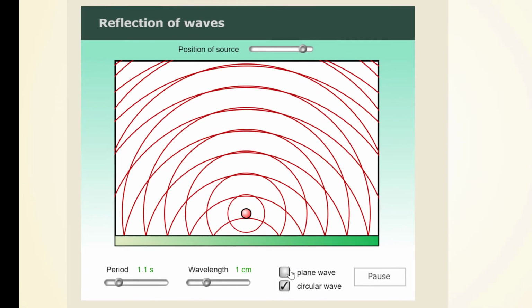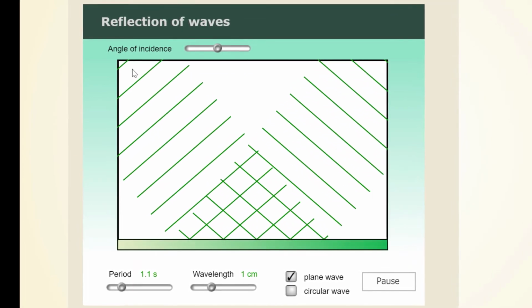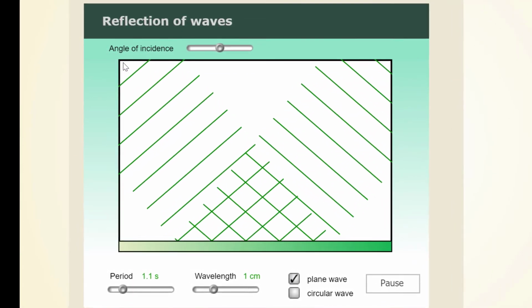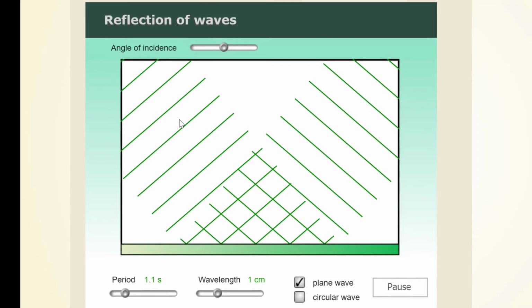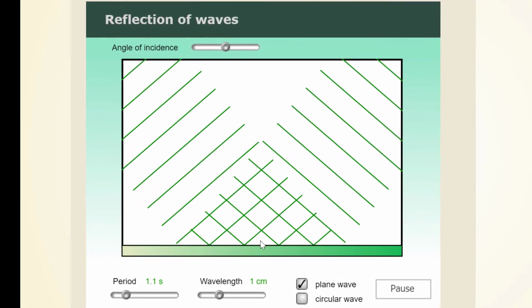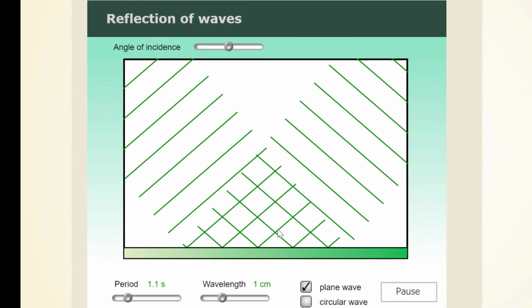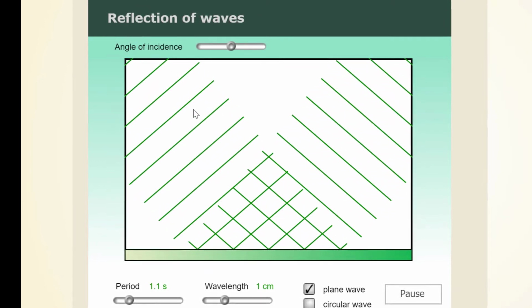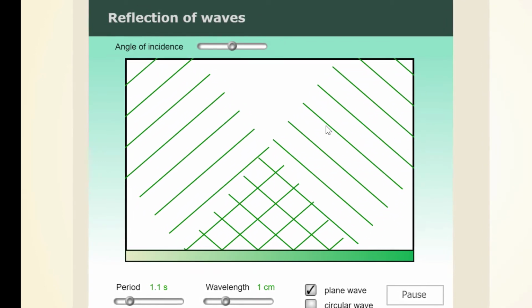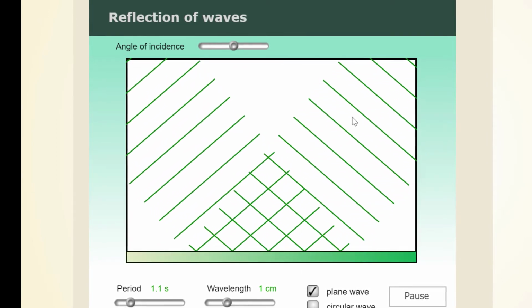What about plane waves? This is the incident wave, and then it will be reflected. You see this phenomenon, and the distances are all the same because they have the same wavelength.